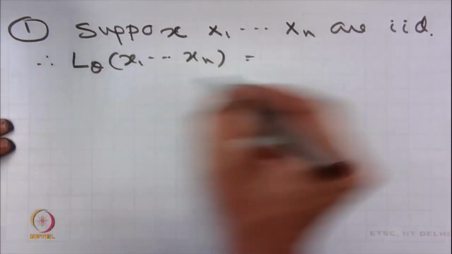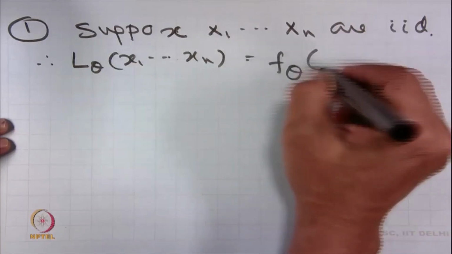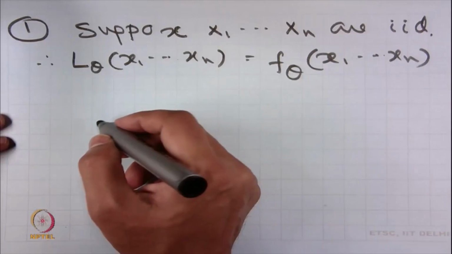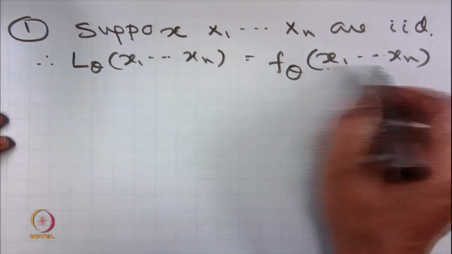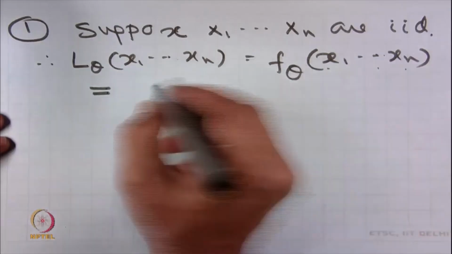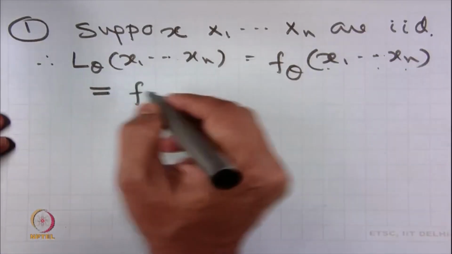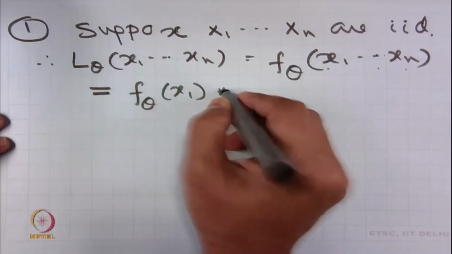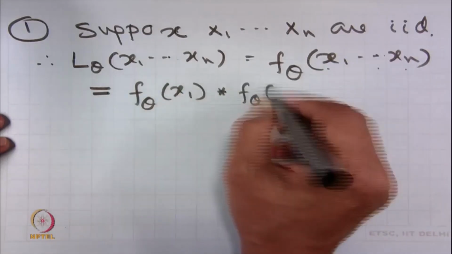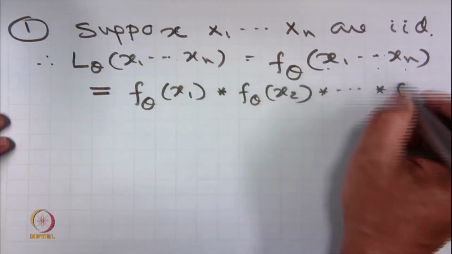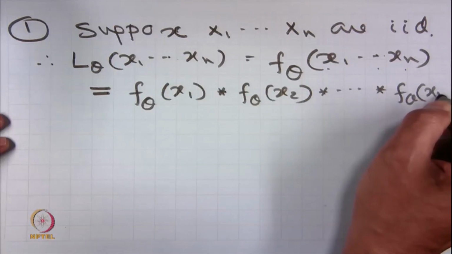This is equal to f theta of x1, x2, xn, which is the joint PDF of the sample values. Since these are independent, we can write this as f theta of x1 into f theta of x2 into f theta of xn.